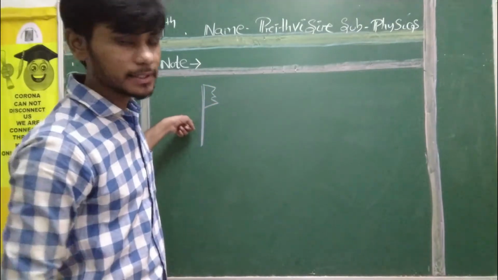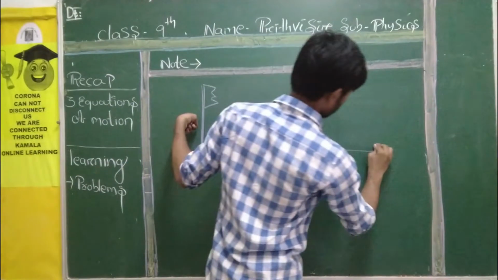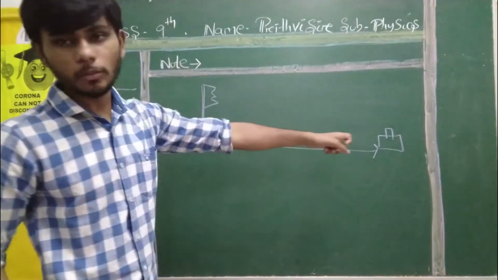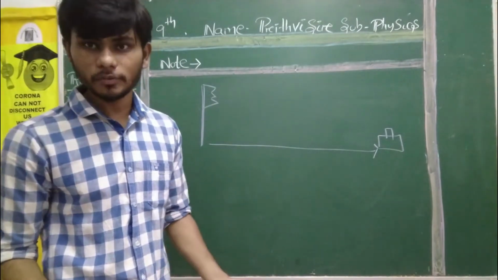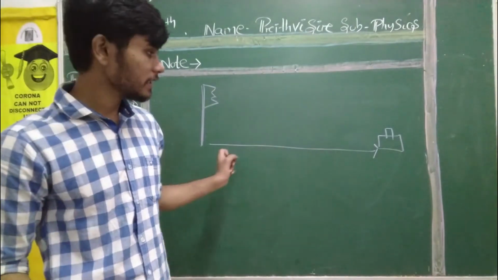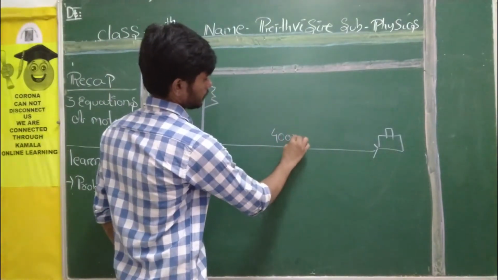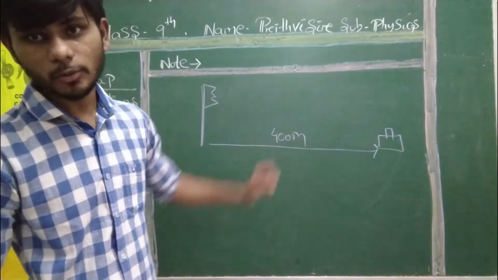Suppose a signal light is there. That is a locomotive. Locomotive means an object which is moving. It applied brake and the distance is how much? 400 meter. Distance is, students, 400 meter.